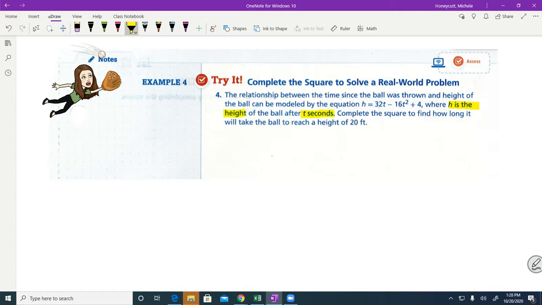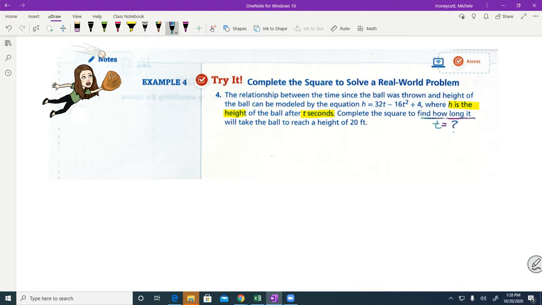So it says complete the square to find out how long it will take the ball to reach a height of 20 feet. Whenever I'm reading a problem that has variables in it, I try to translate what it's asking me to do into the math part. So it's saying complete the square to find how long. So it wants me to find time. It wants me to find what t is equal to.